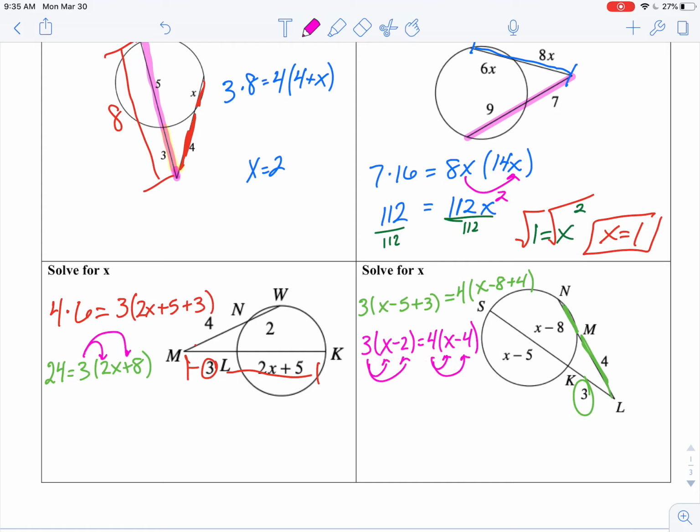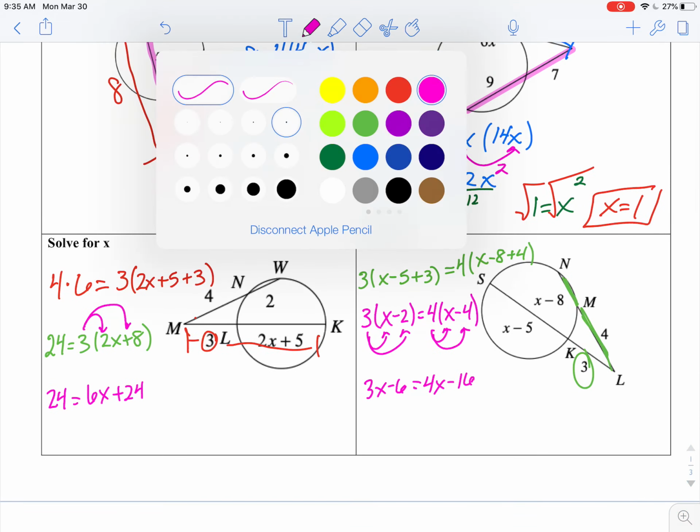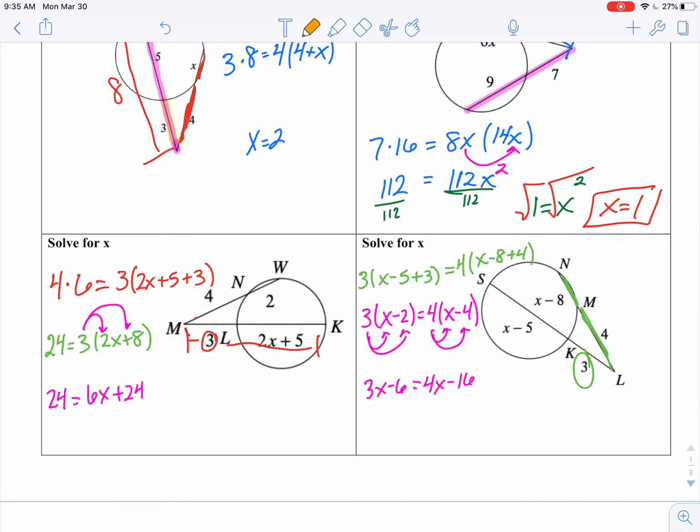And now what we would do is distribute. So 24 equals 6x plus 24. And 3x minus 6 equals 4x minus 16.